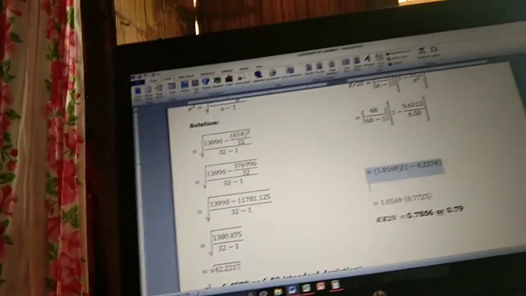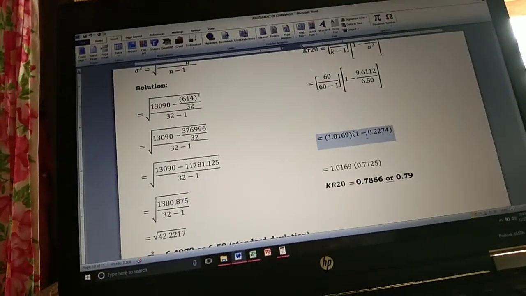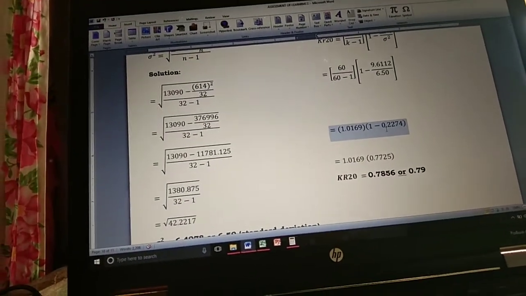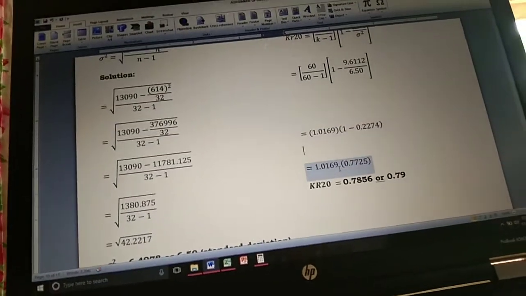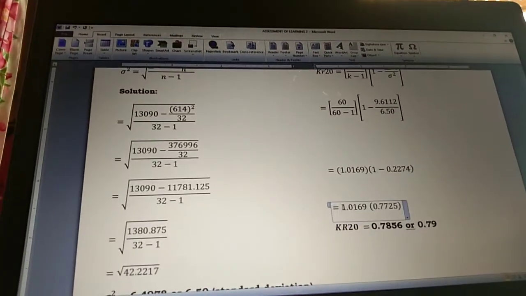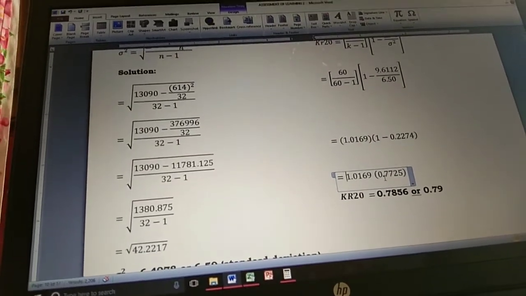Minus 1 minus 0.2274. We have here the 0.7725. So multiply natin itong 1.0169 to 0.7725.